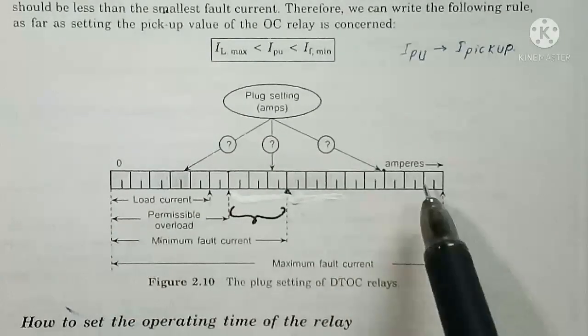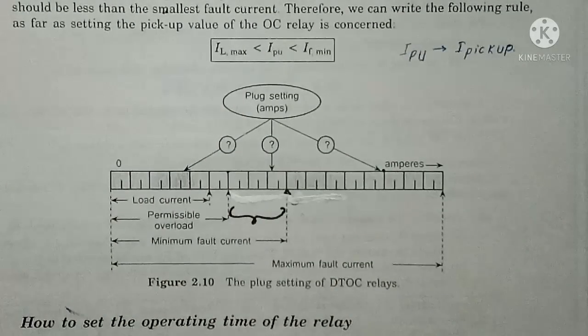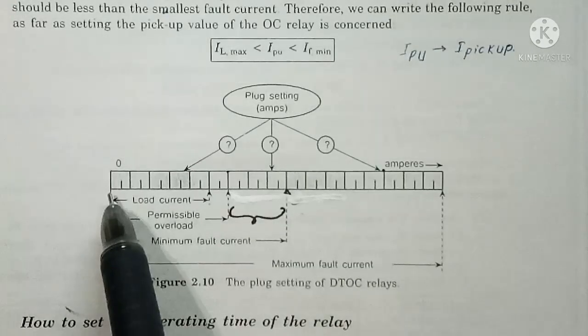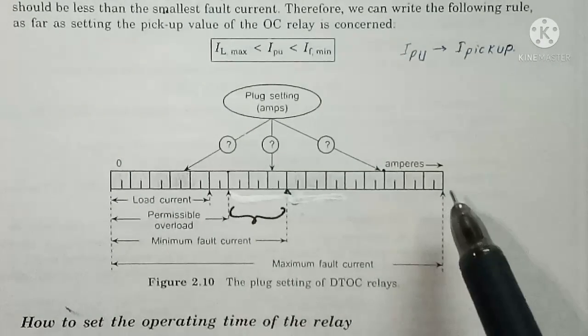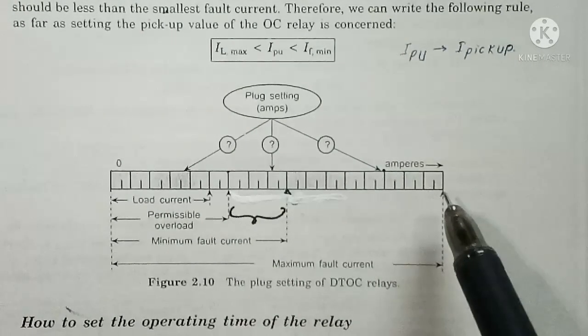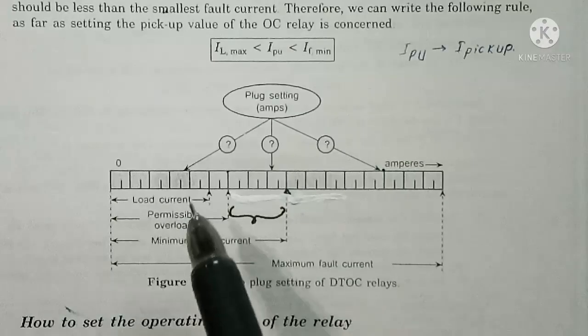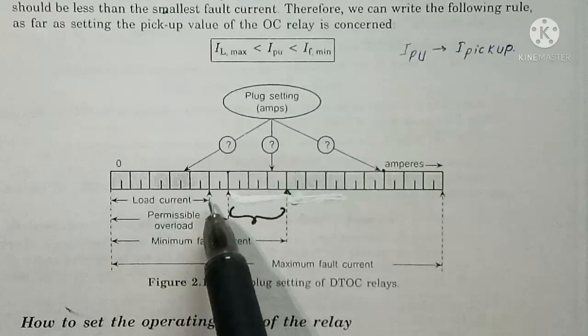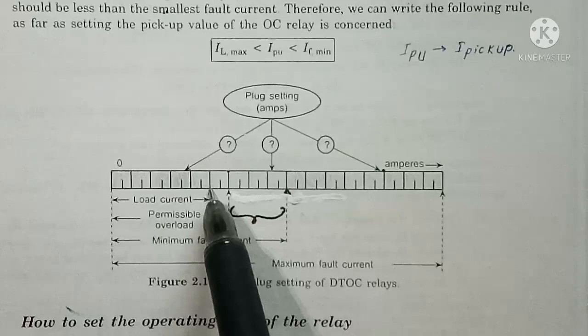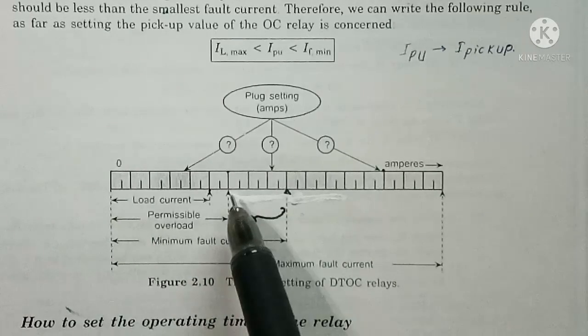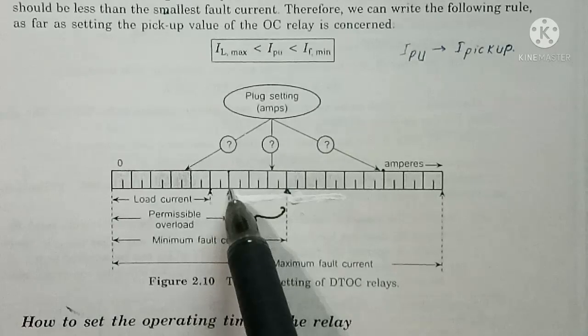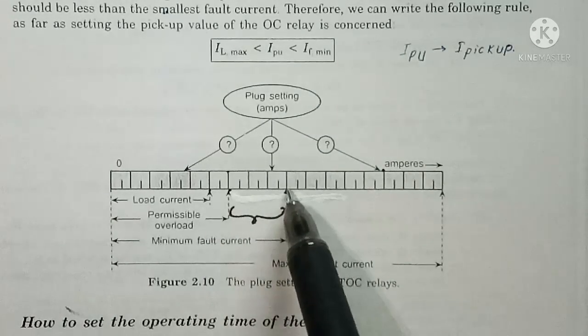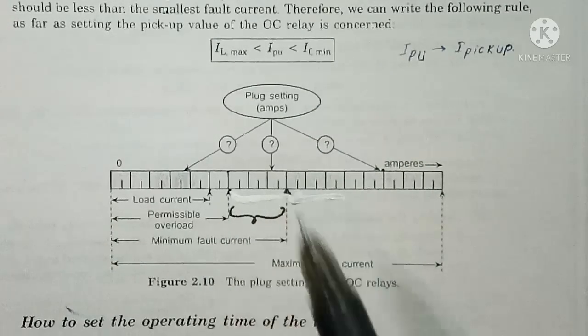Now let us consider this current scale here. To the left we are having zero current, and to the right we are having maximum fault current. The normal load current is at this point. The permissible overload is at this point, and the minimum fault current is at this point.